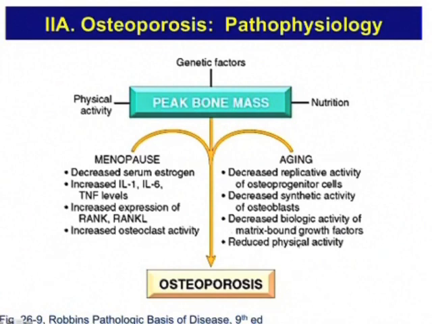Often you have decreased physical activity with age. All of that together can result in decreased bone formation, resulting in osteoporosis. So aging is a problem with decreased synthesis of bone versus menopause, which is a problem with too much loss of bone.